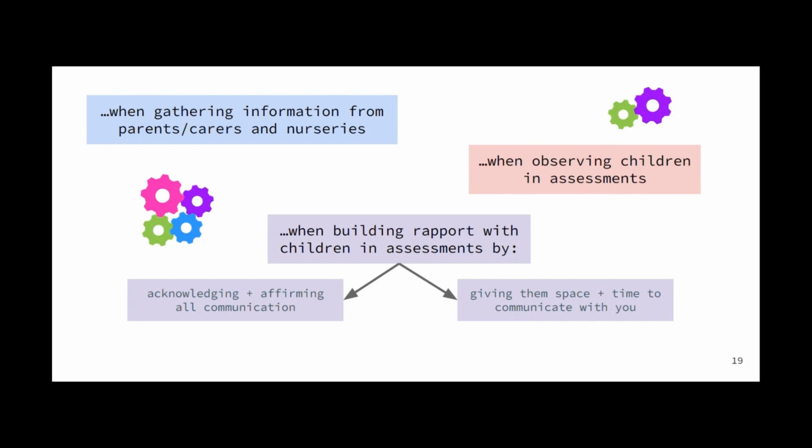Another really important thing that you can do is just to listen extra closely to the child's language. And maybe you could make a note of the context of a Gestalt, if you think they might be a Gestalt language processor, and what you think that child might be trying to communicate. Another really important thing is to affirm and acknowledge Gestalts to help build trust.